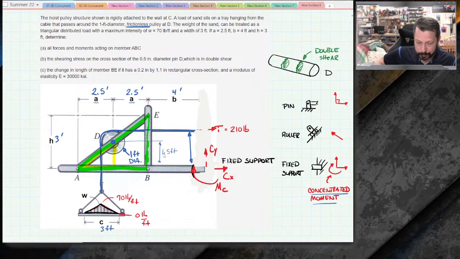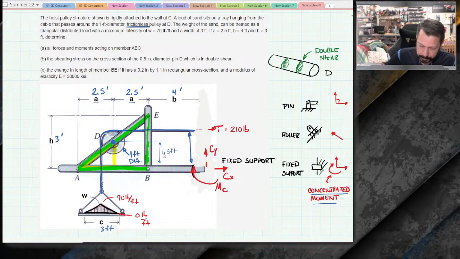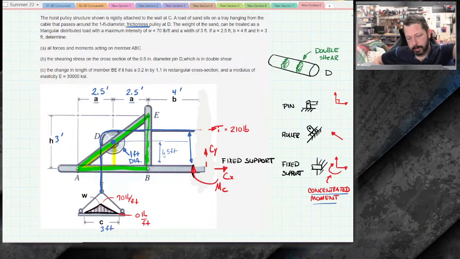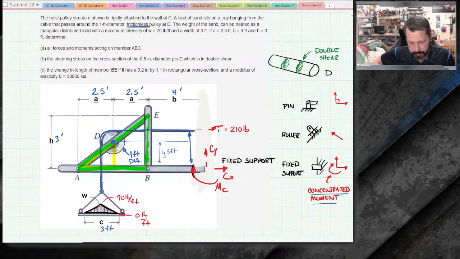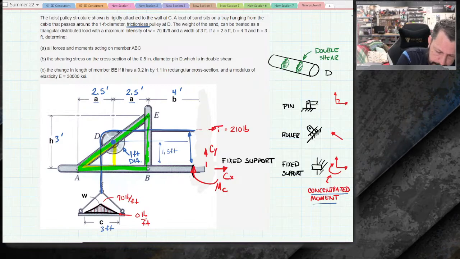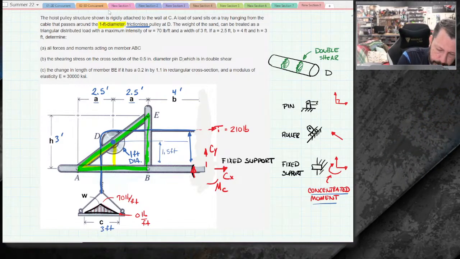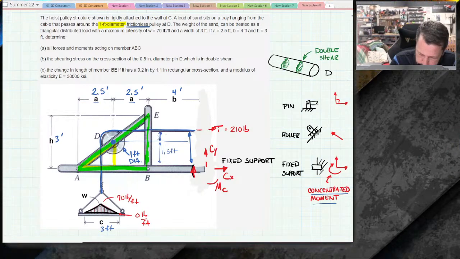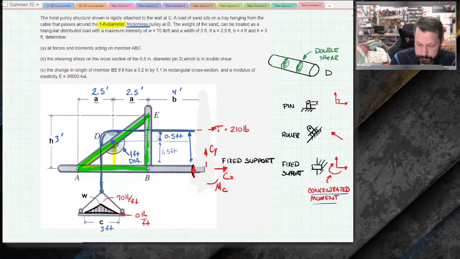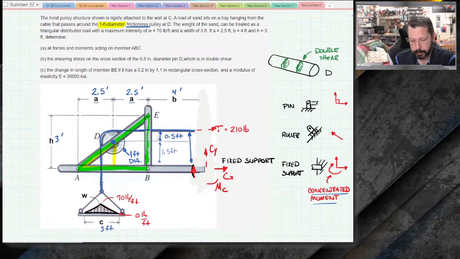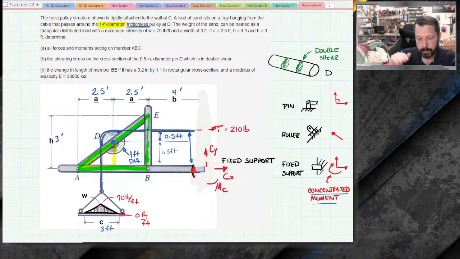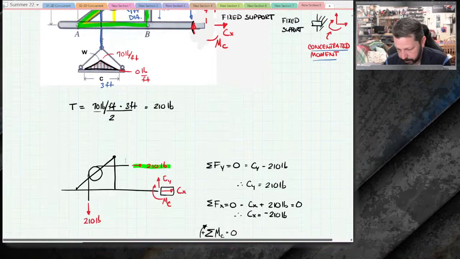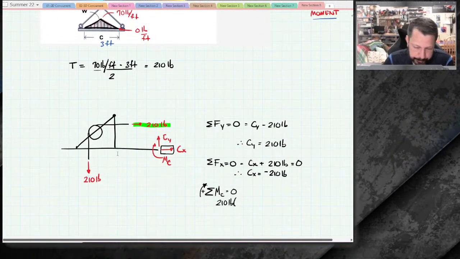That's not the actual moment arm I want, though, because I want the moment arm to go all the way up to where the cable is. So they do tell me that it's a 1 foot diameter pulley. So the radius of it right here should be 1/2 of a foot. So it looks like my moment arm from point C up to the horizontal tension in the cable is 2 feet. And it's trying to go clockwise.